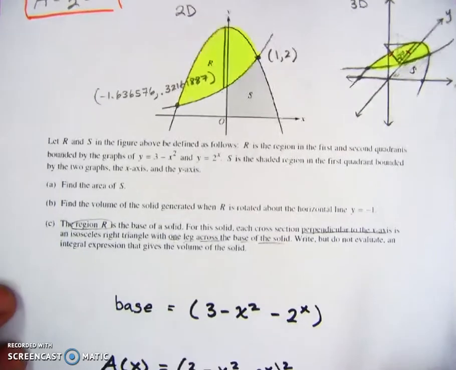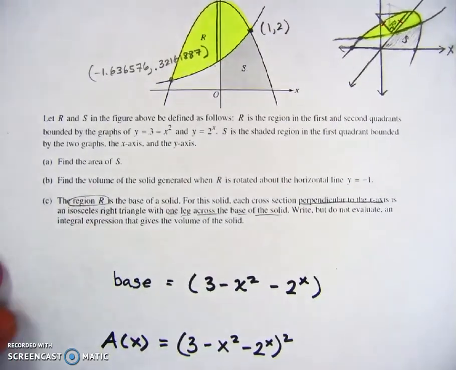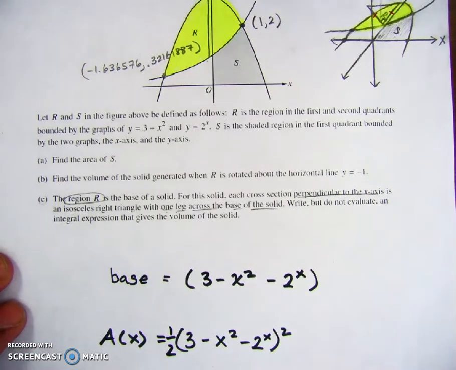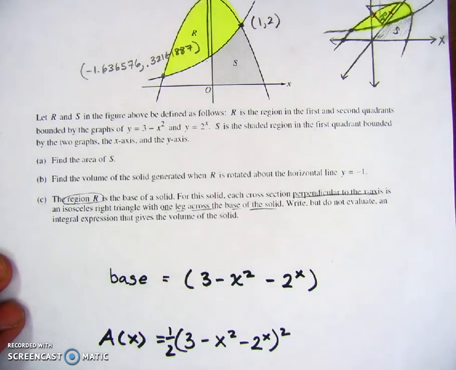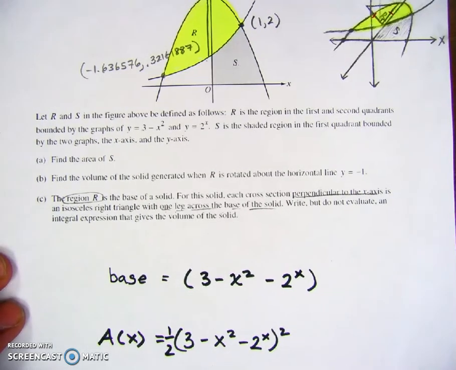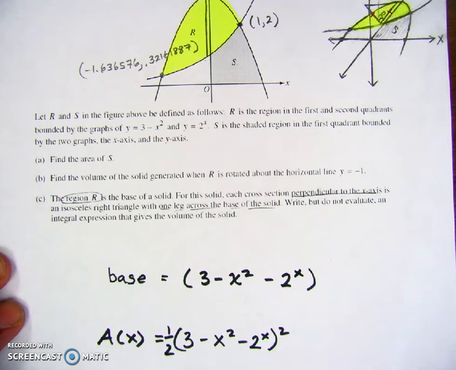So the area, oh, I forgot the 1/2, would be 1/2 times (3 minus x squared minus 2) dx squared. Okay, and all we have to do is plug it into the volume formula.